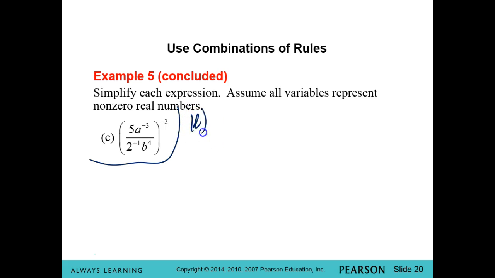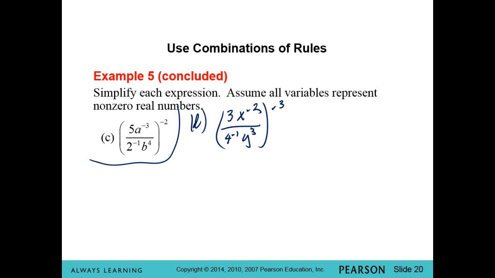Here's D from the text. So 3x to the minus 2 over 4 to the minus 1 y cubed, and that's to the minus 3 power. And there's several ways you can do it. You tell me which way you would like to do it.